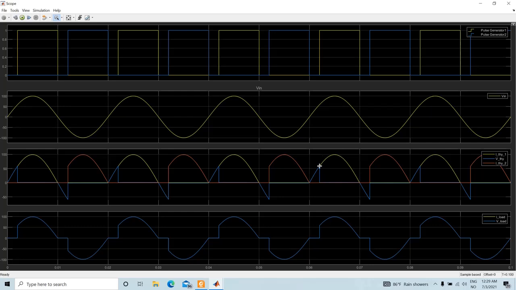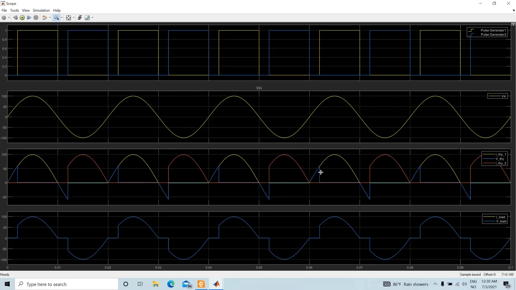And before that, when thyristor 1 is not conducting, the source voltage is appearing across the thyristor for that moment. So if you measure the voltage across the thyristor, you will measure that the thyristor voltage is exactly following the source voltage.